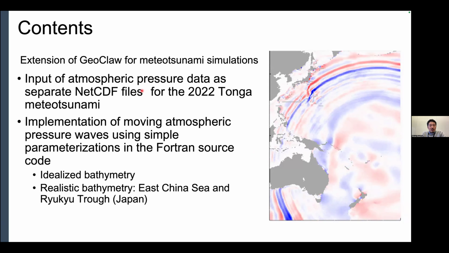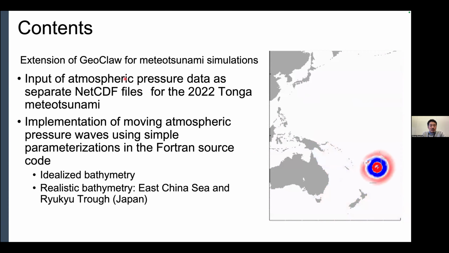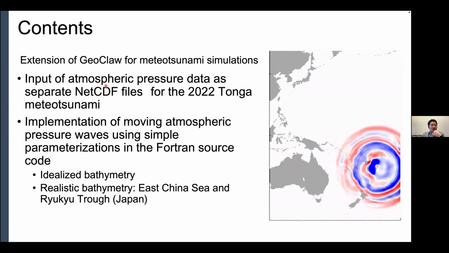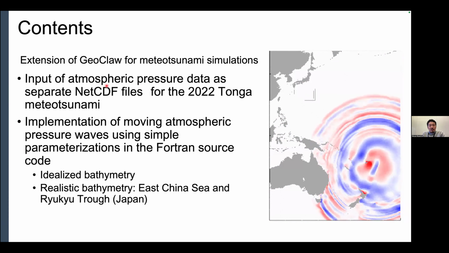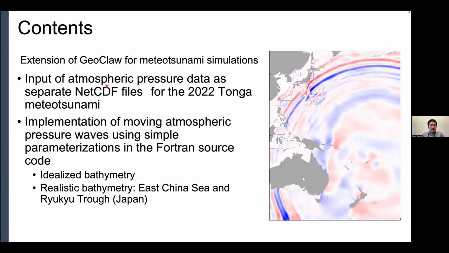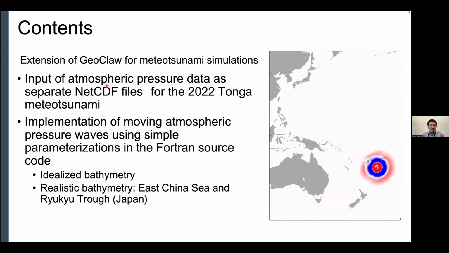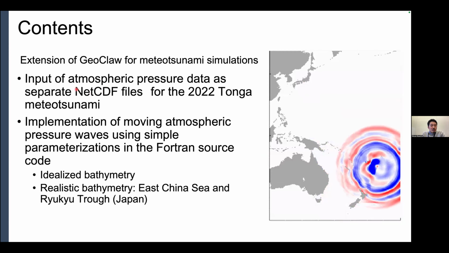And then the horizontal pressure gradient acts as a driving force of the waves. In this sense, the formulation is similar to storm surge modeling. So we extend the existing storm surge modules in GeoClaw to simulate meteotsunamis.